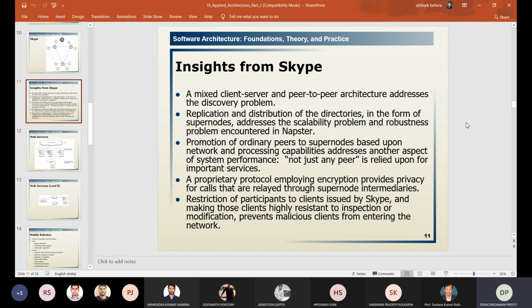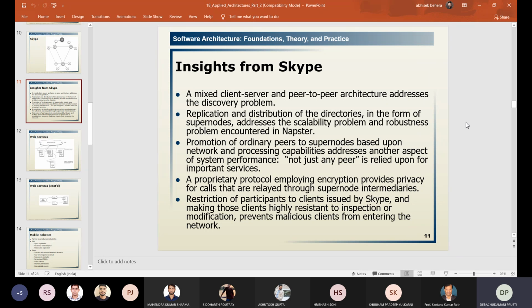A proprietary protocol employing encryption provides privacy for calls. So we are using another proprietary protocol that employs a security measure, and here the security measure is encryption. It provides privacy for managing the calls between the peers or nodes, and those go through a supernode intermediary.